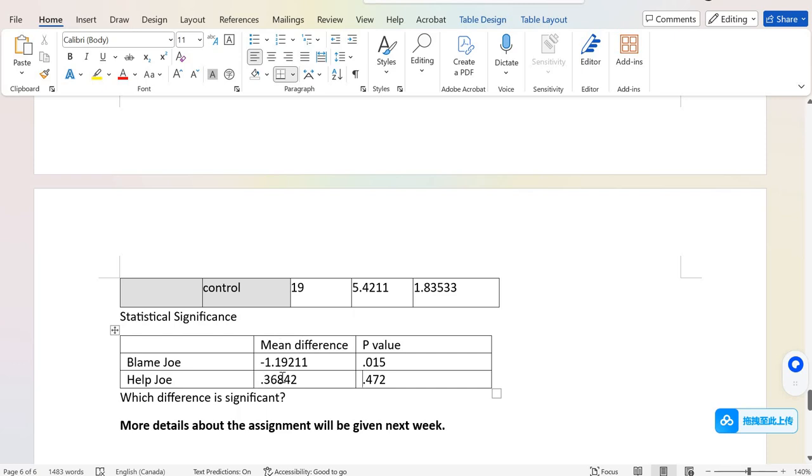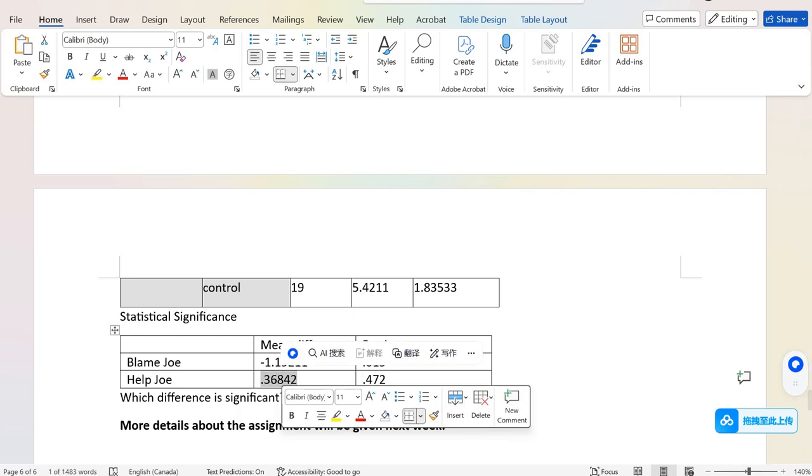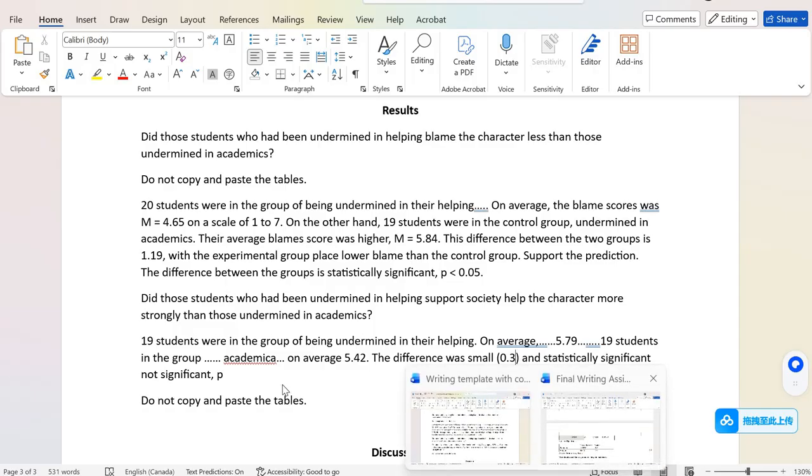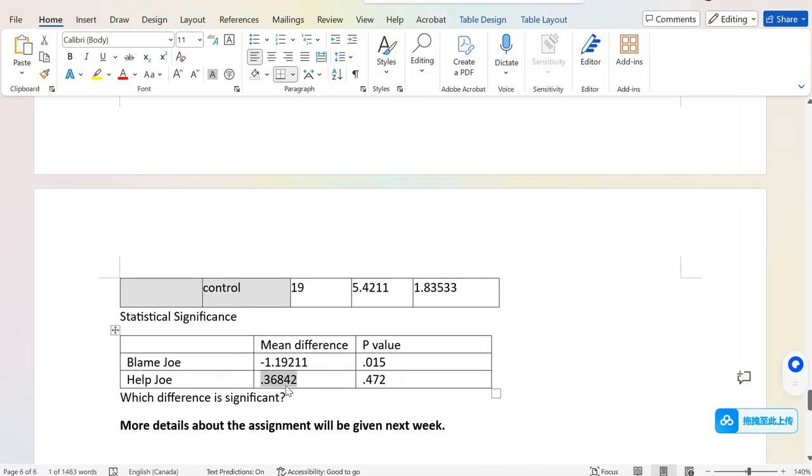The mean difference was small. Mean difference of 0.3. So how small? 0.3, less than 1 point. 0.37.